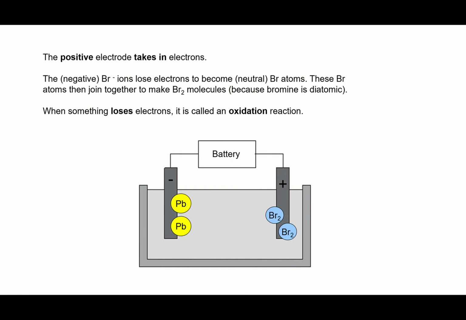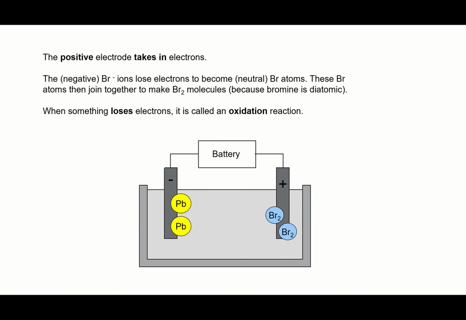Okay, so it's very similar to before, except this time the bromide ions with the negative charge are becoming neutral bromine atoms. And there's a general rule there. We're starting with an ion. The ion gets attracted to an electrode where it loses its charge.